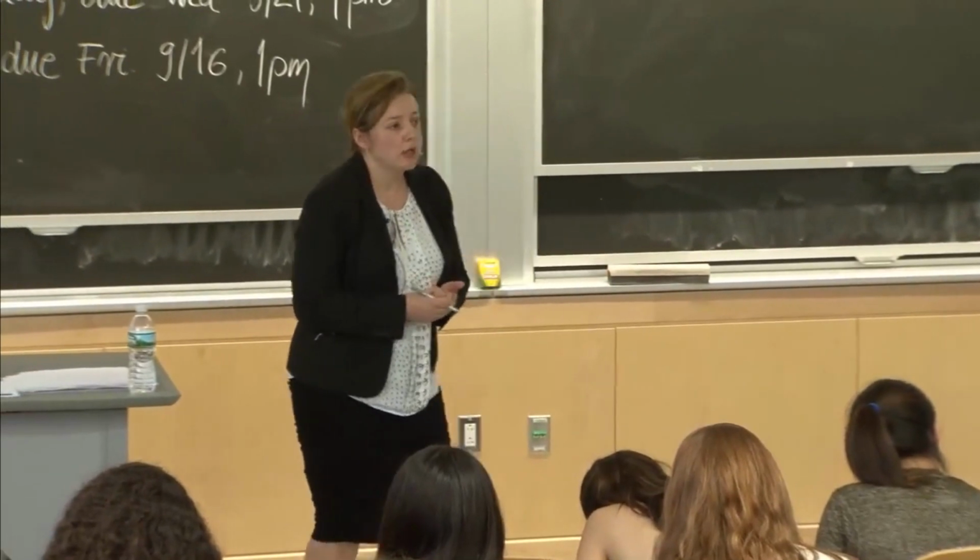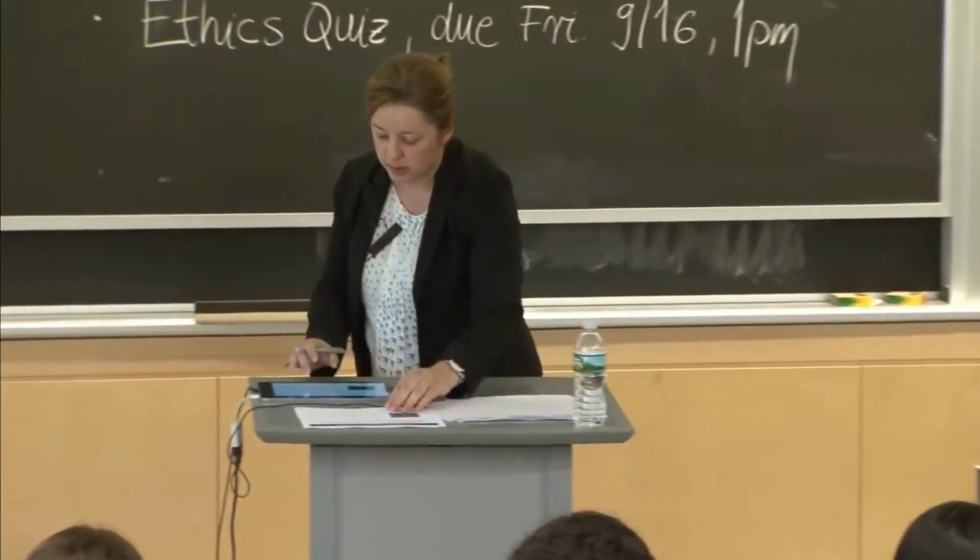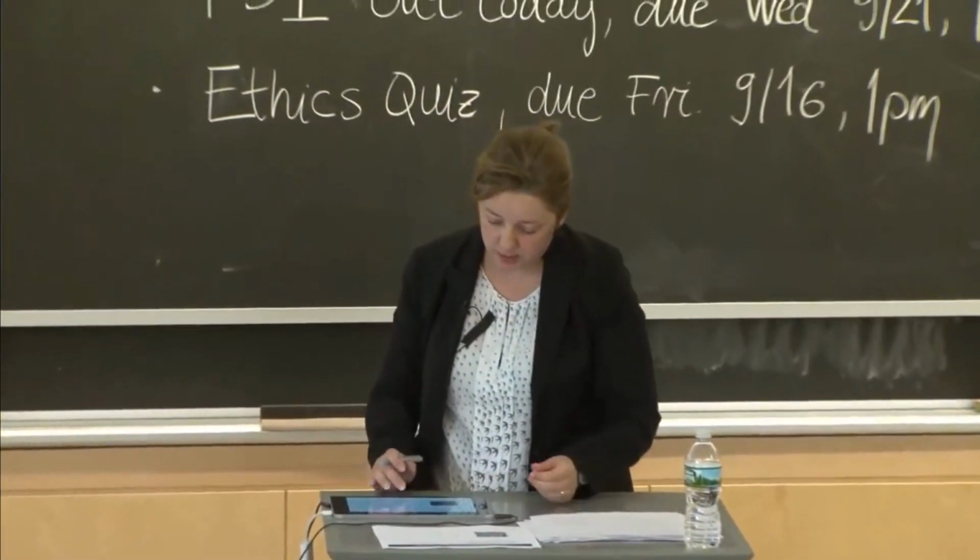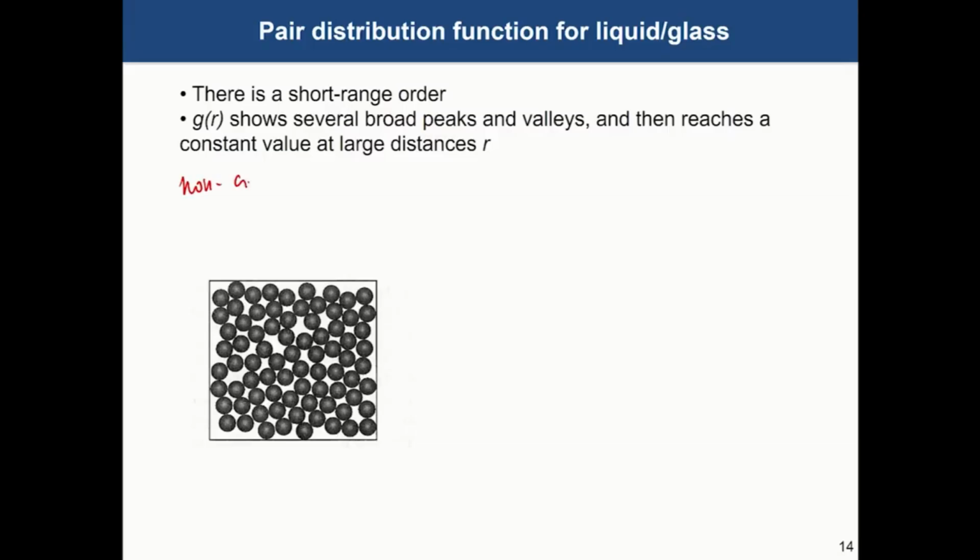Okay? So let's see how this pair distribution function will look for a non-crystalline material in general. So this would be a non-crystalline material, and again I'm plotting the pair distribution function as a function of the distance from an atom.